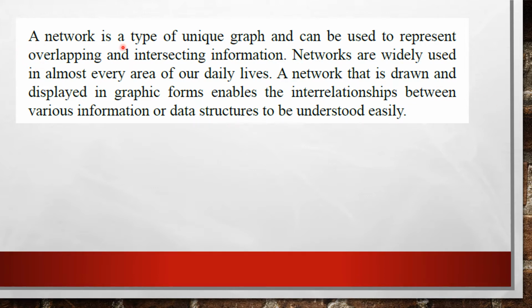A network is a type of unique graph and can be used to represent overlapping and intersecting information. Networks are widely used in almost every area of our daily life. A network that is drawn and displayed in graphic forms enables the interrelationships between various information or data structures to be understood easily.